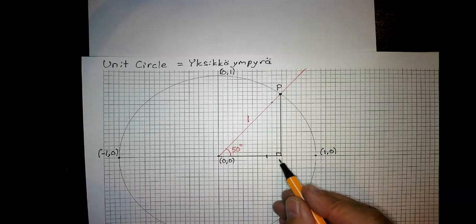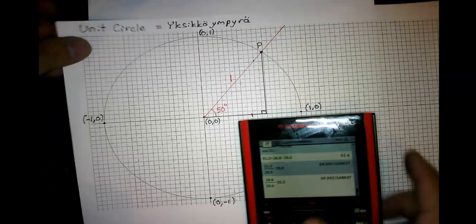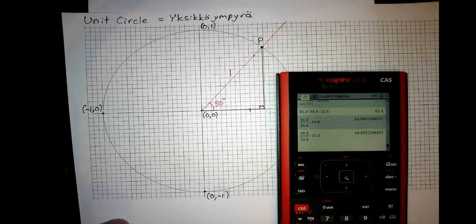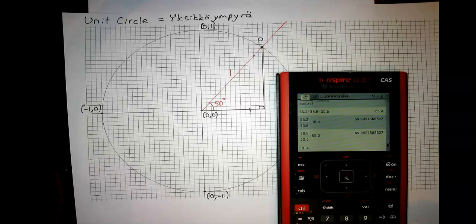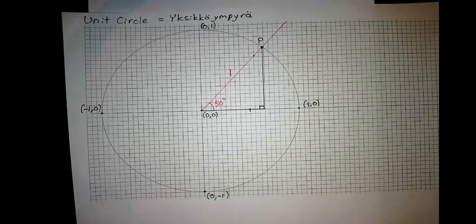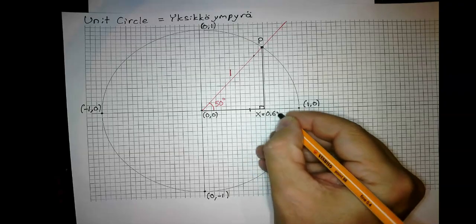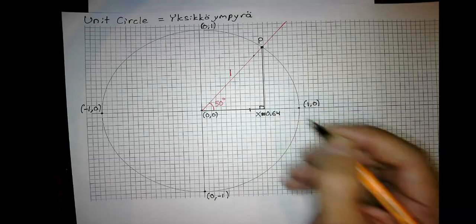I would say probably 12.8 grids or squares there. And 1 unit is 1 divided by 20. So that will give me a decimal number 0.64. So this x coordinate here is about 0.64. Well, it is approximate.